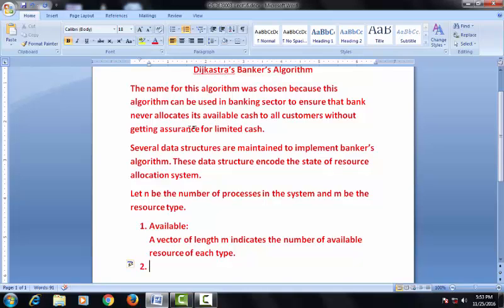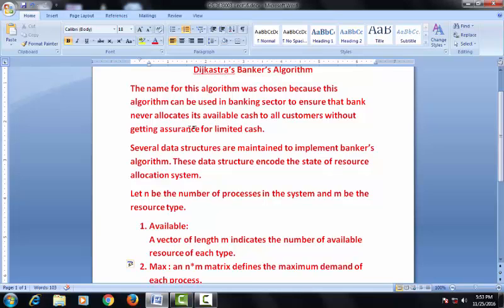The second data structure used in banker's algorithm is Max. It is an n cross m matrix that defines the maximum demand of each process. Each process has its own demand, maybe some process requires 2 printers, maybe some process requires 4 printers and 1 scanner, right?